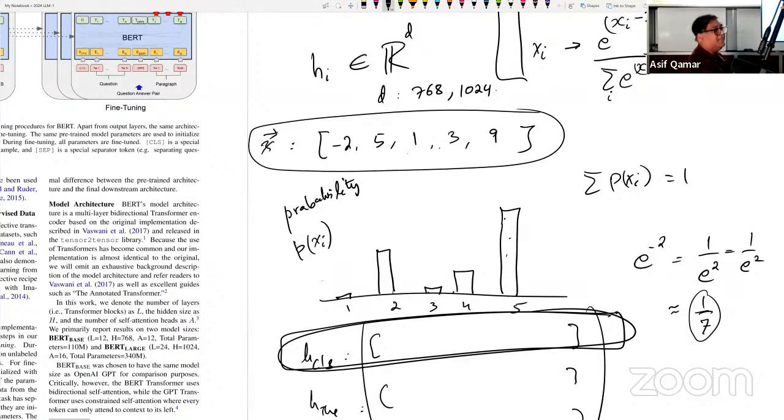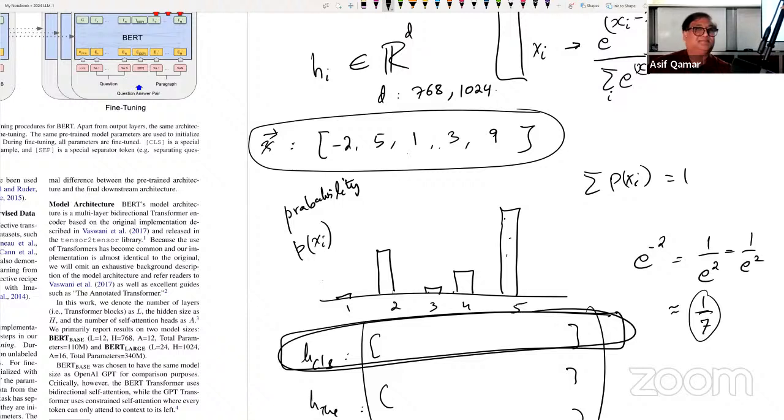So the array for H_CLS is based on the dimension. If it's a 768 dimension array, there are 768 values within that array, exactly.